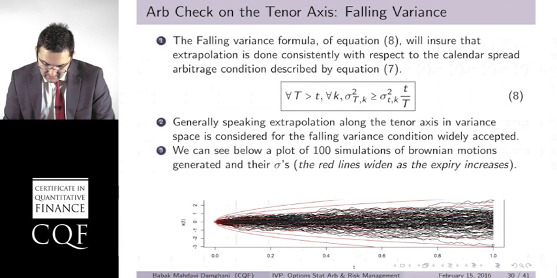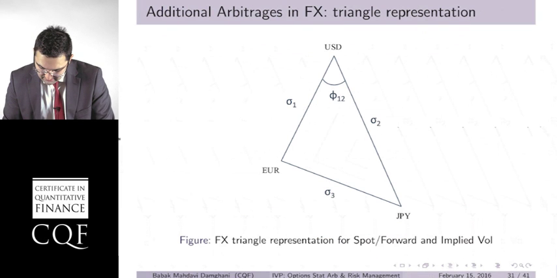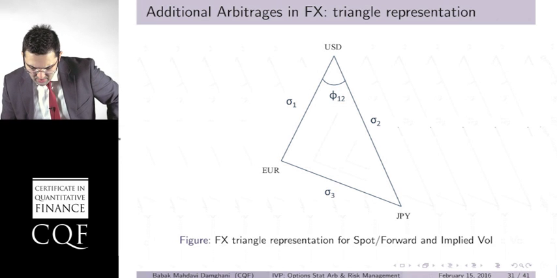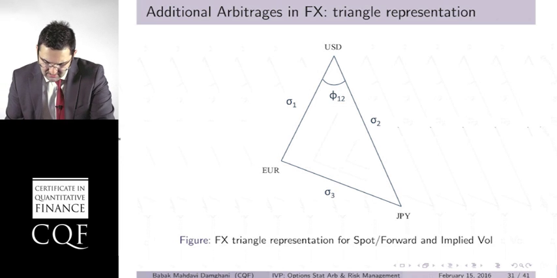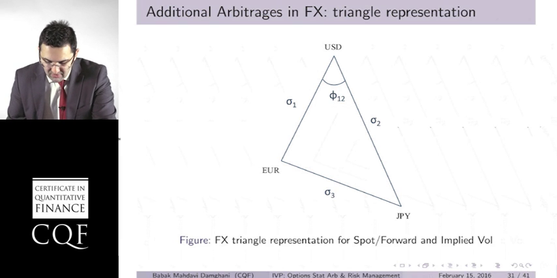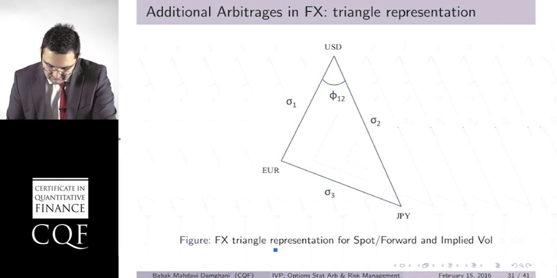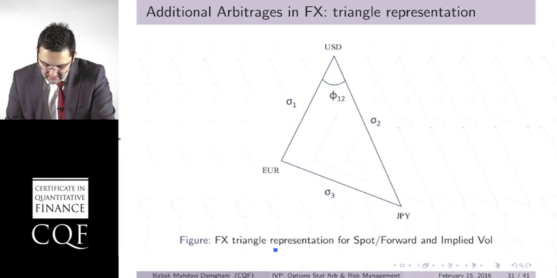Okay. So this is the falling variance formula. It's the same thing as the calendar spread formula that we've discussed. And in FX, I'm going to spend one or two slides on FX itself because it's an interesting asset class. In FX, you can have all sorts of other kinds of arbitrages. Especially in high frequency in the early stages, there was a great deal of arbitrage around the triangle concept.